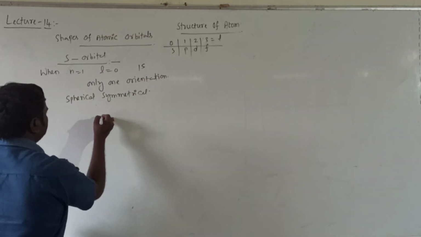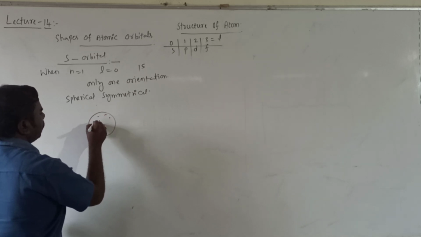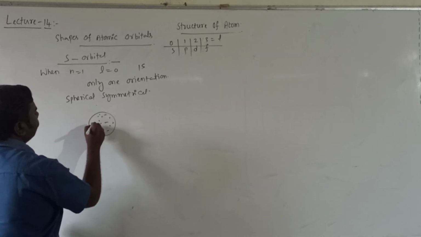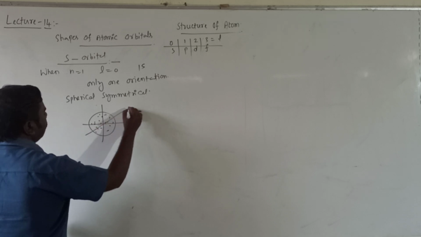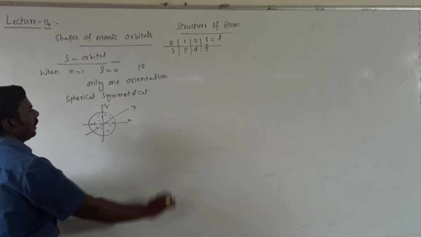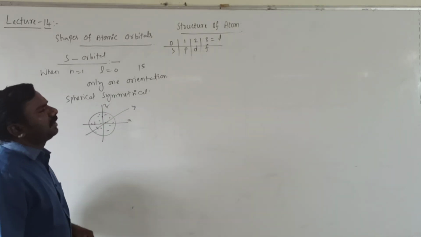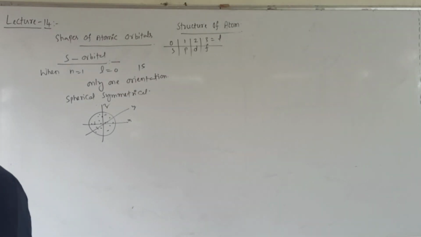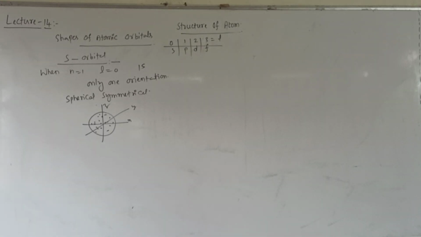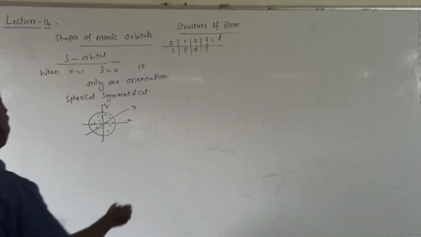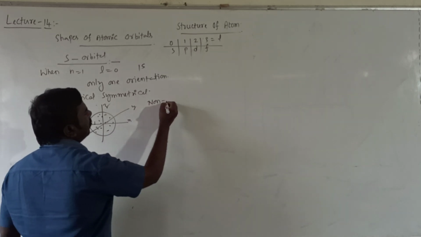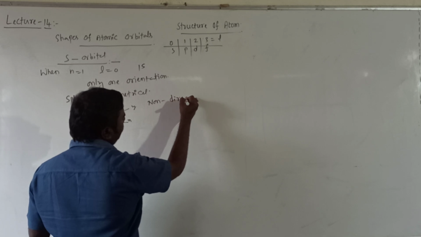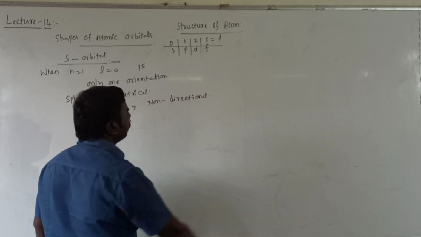Now it is spherical. This is the probability of finding an electron. So there is x, y, z axis. So in all these axis point of view, it is which one? Spherical. Next one, non-directional it is, because it is symmetrical, that's why non-directional in nature.